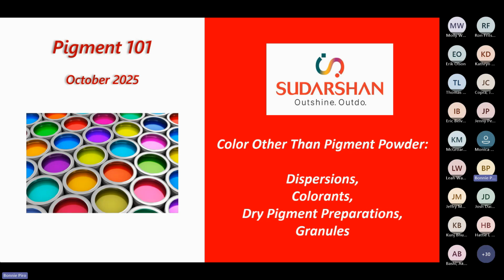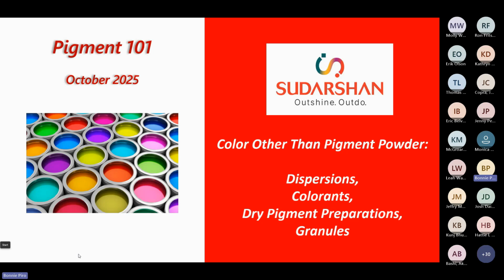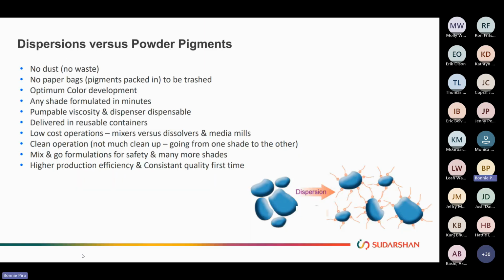So as I mentioned, we're talking about color other than pigment powder. There are a lot of differences between the two, and I just wanted to point out a few of the key ones that might be advantageous to you as a consumer.